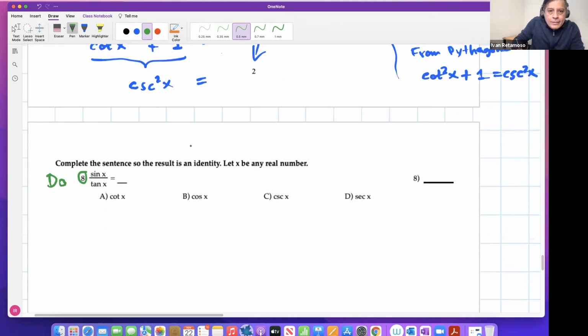The hint is simplify this, the sine of x over tangent of x. Hint, use the quotient identity for this guy.